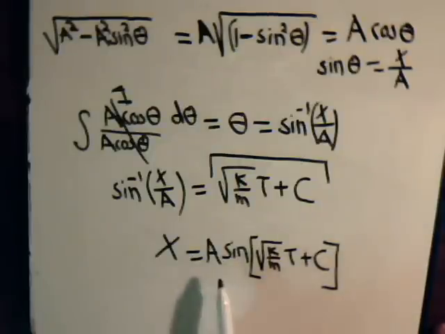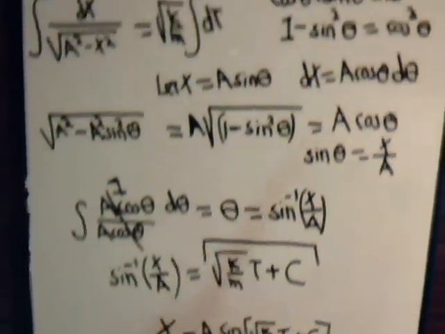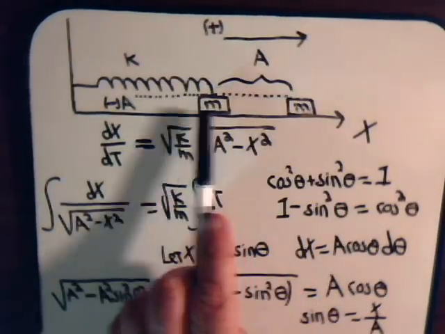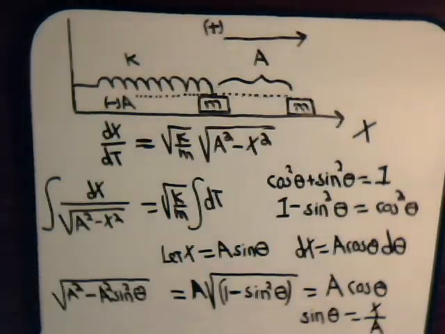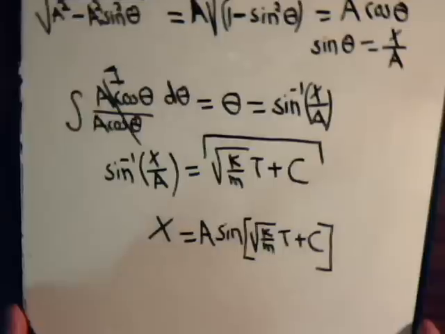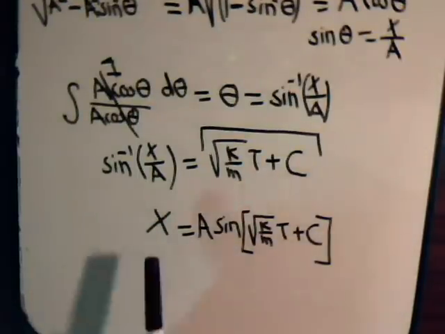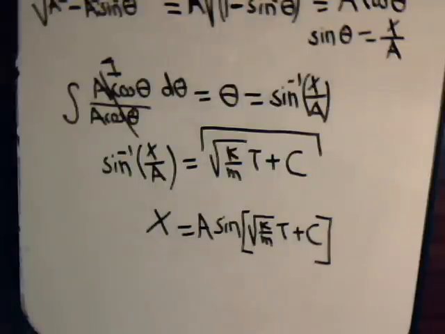Here, of course, a is the amplitude. That's how much we stretched or compressed the spring by. And if we know that, then at any time t, we know the position of the block along the x-axis. We can take the derivative of this, and that would be the velocity of the block.